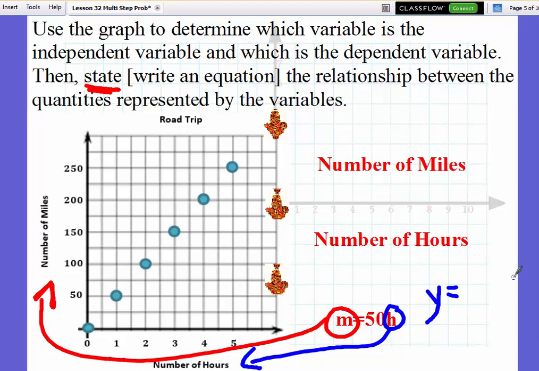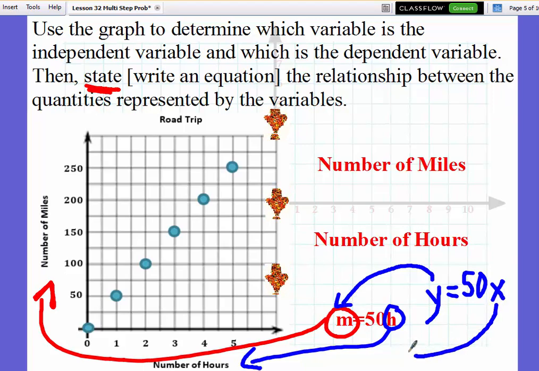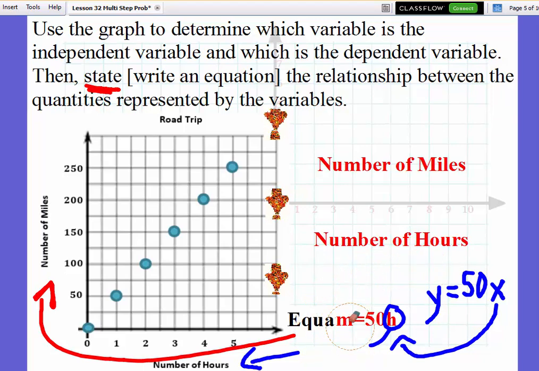And then your x-axis is always going to be on the opposite side, most of the time with a coefficient or a number. So does this follow that format? Independent variable? Yes. Dependent variable? Yes. So now let's look at how they get that 50.